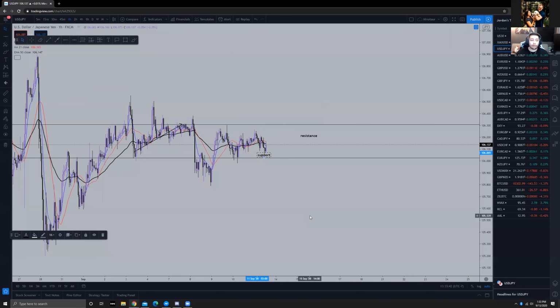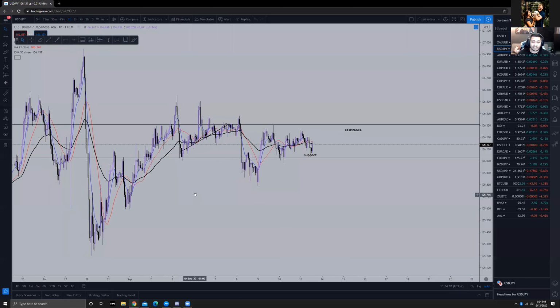Now these are important because they help tell you what price action is going to be doing. Just to get us off on the right foot, resistance again is when price action is coming up and testing this horizontal line, and support is when price action is coming down. It's important because it's going to give you an idea of what price is about to do.